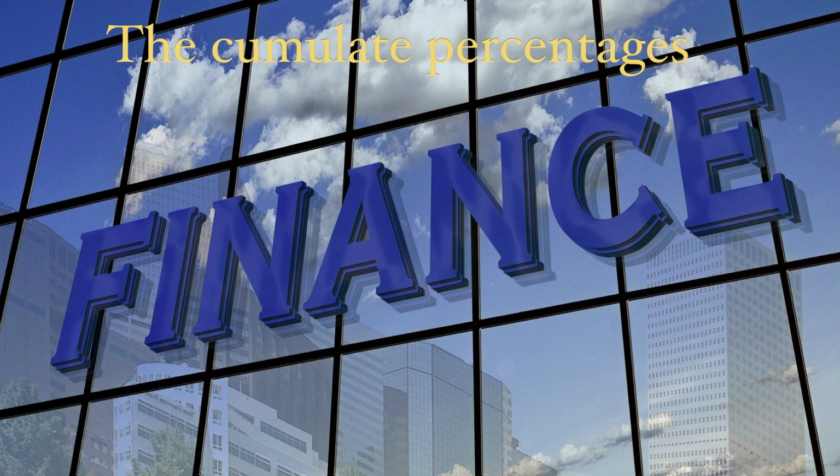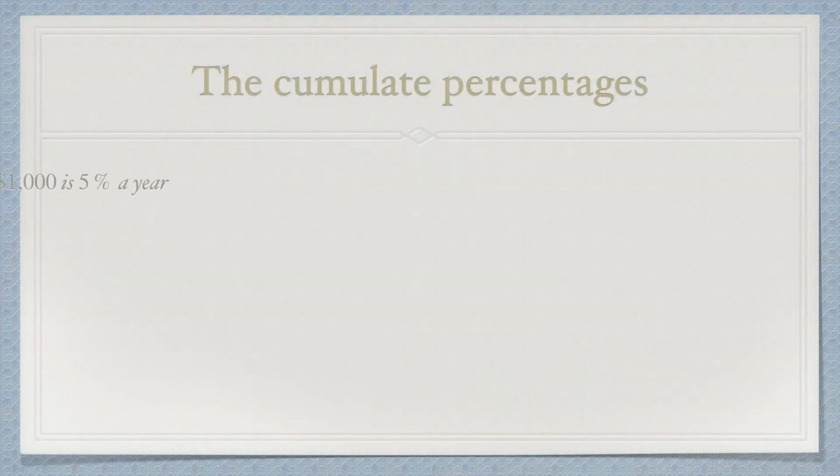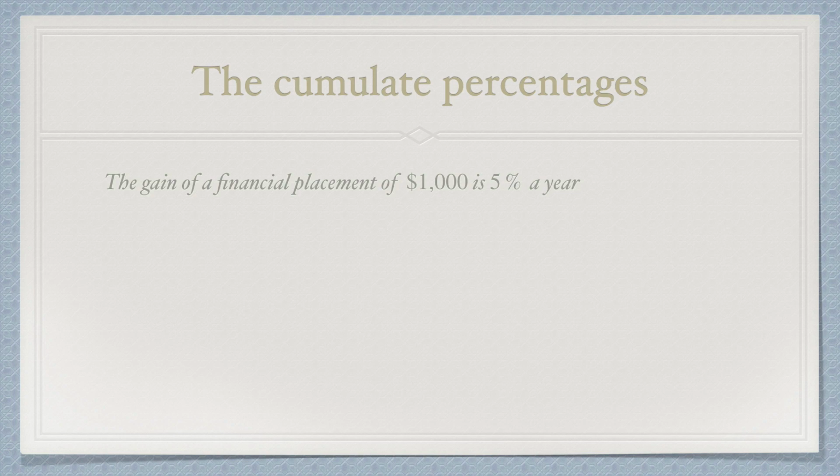And now let's calculate the cumulate percentages of a financial placement with reinvested interest. Let's assume that the gain of a financial placement of $1,000 with reinvested interest is 5% a year.